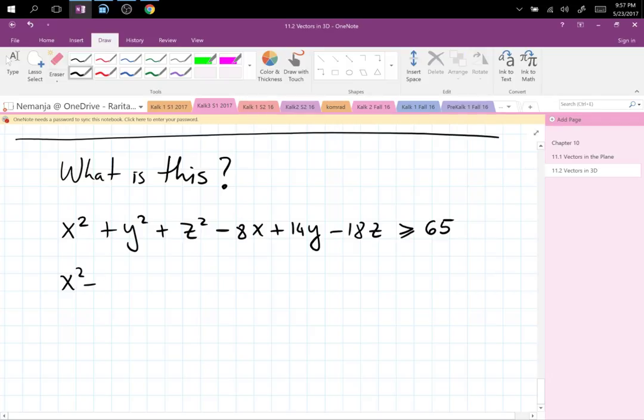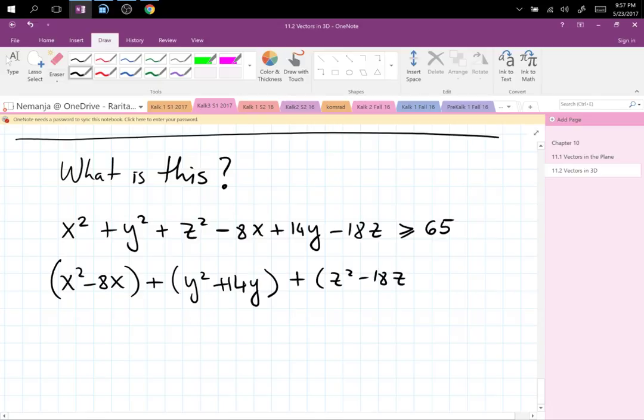So I have x squared minus 8x as the first thing to do. Then I have y squared plus 14y. And then plus z squared minus 18z. Now completing the square, you take half of b. Half of 8 is 4. Square that, and you add and subtract.